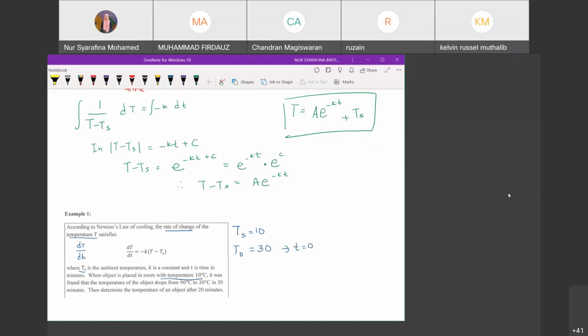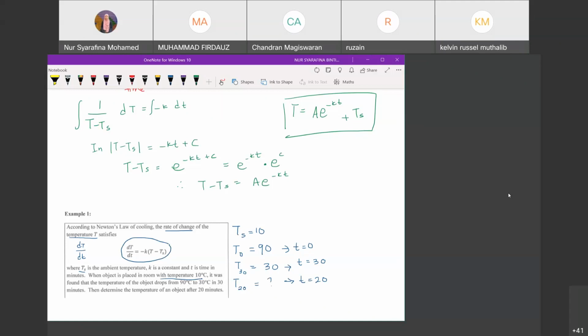And when t equals 30 minutes, the temperature becomes 30. Now we want to identify what will happen to the temperature after 20 minutes, and you know it is given by Newton's law of cooling.